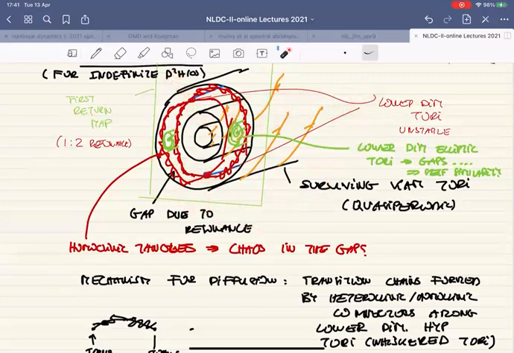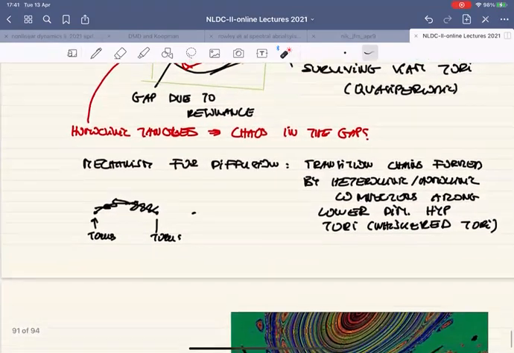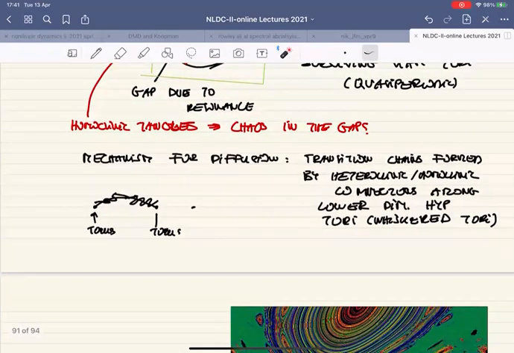But you have one mess in one of the gaps, and then you have the mess in the other gap. And since they are not separated from each other, sooner or later these manifolds can find each other and intersect.